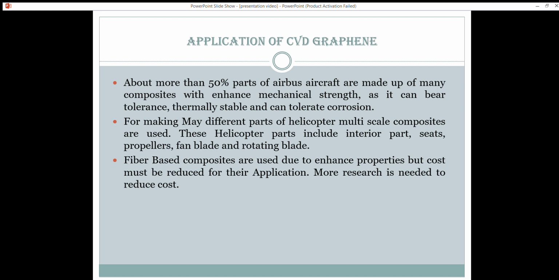These helicopter parts include interior parts, sails, propellers, fan blades, and rotating blades. Fiber-based composites are used due to enhanced properties, but cost must be reduced for their applications. More research is needed to reduce cost. So research is likely to continue on how we will reduce cost.